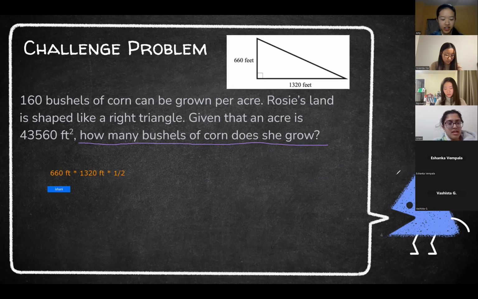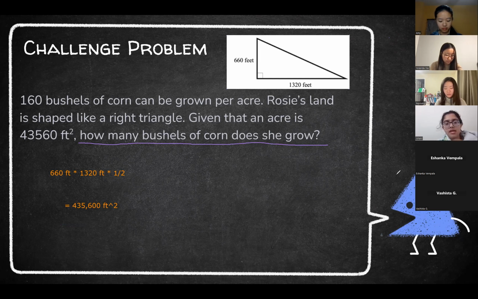So this would be equal to 435,600 feet squared. So that would be how much area Rosie has, or how much land Rosie has.